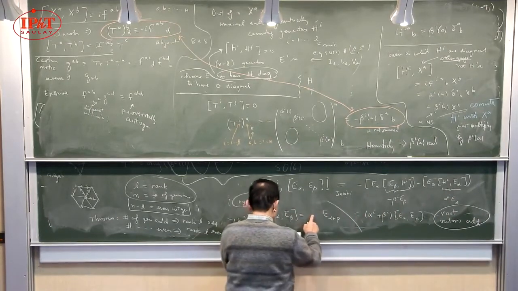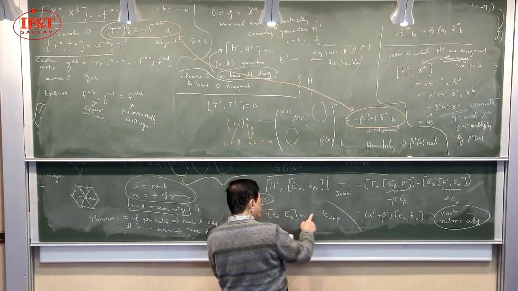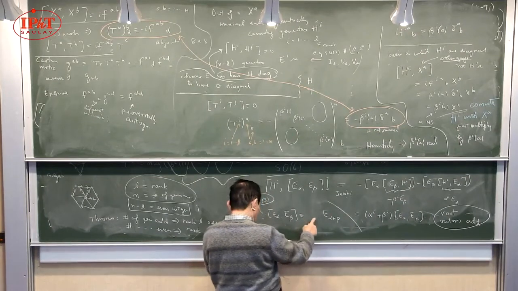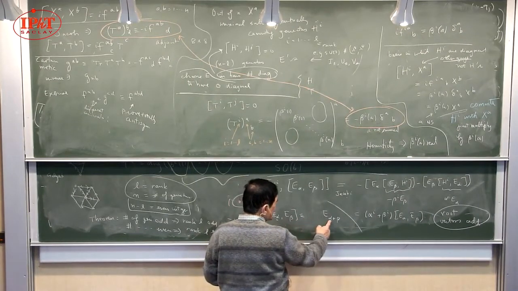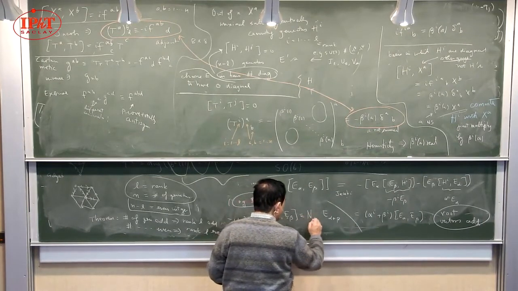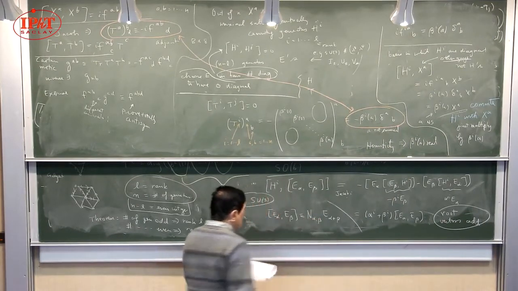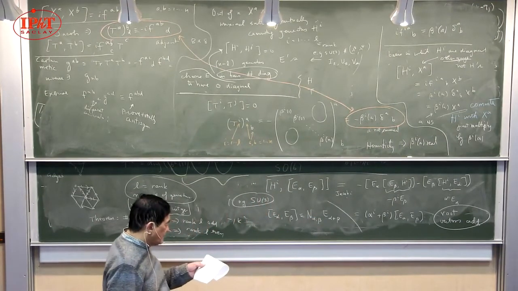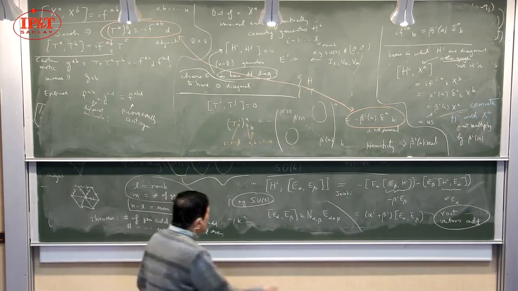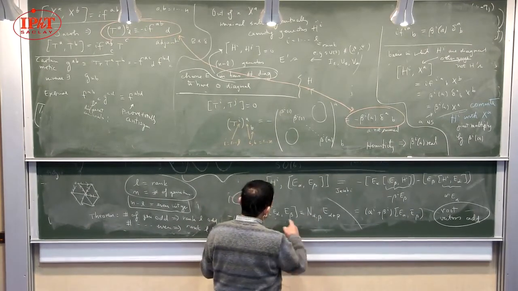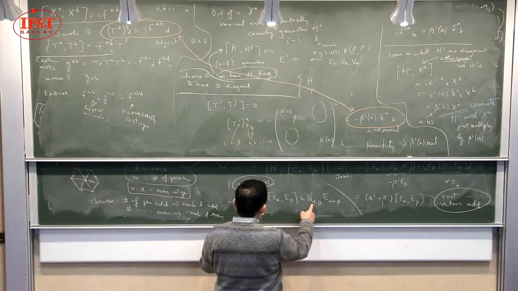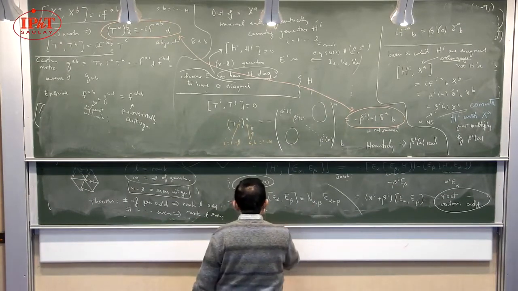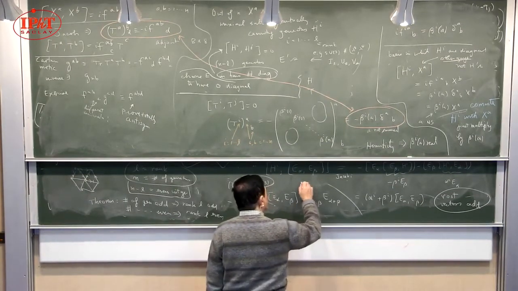Now, of course, some people are obviously worried about this. There's no reason this is equal to this. In general, there could be a coefficient, and this coefficient could depend on alpha and beta, of course. This also covers the possibility in which E alpha, E beta commute, because then n would just be 0.